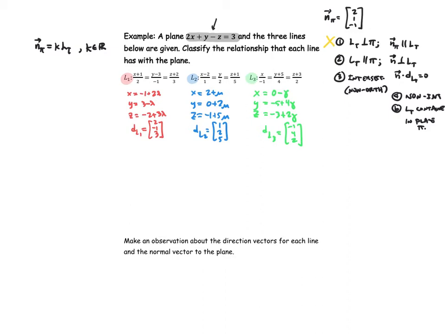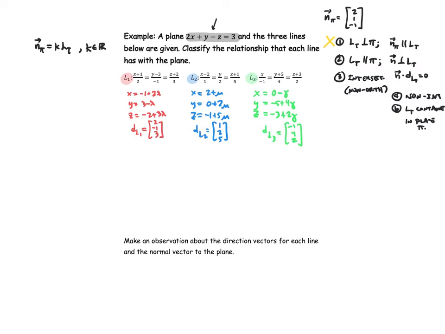Okay, so we've got to do a little bit of work here. That was nice because that eliminated one of the options for each one of the three. Now we have to check option 2: is the line parallel to the plane? And then we'd have to check the two conditions A and B under that.